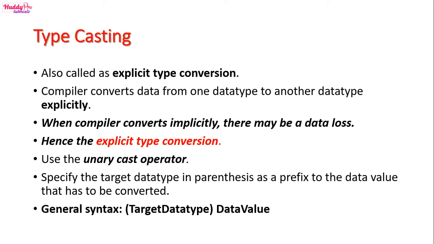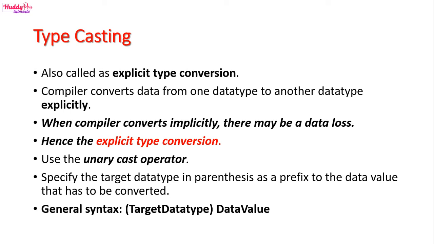So here the compiler will convert data from one data type to another data type explicitly, but not automatically, not implicitly. When the compiler converts implicitly, as we have seen, there may be data loss. We have already seen that, where the 90.99 was trimmed and it became only 90. So there might be data loss.